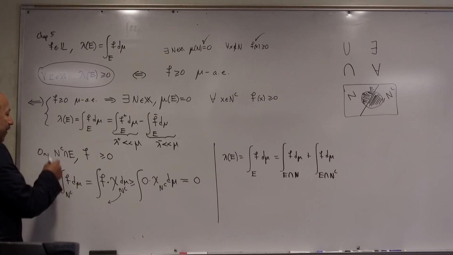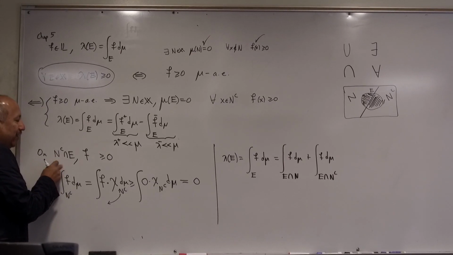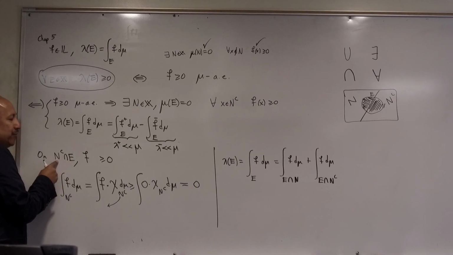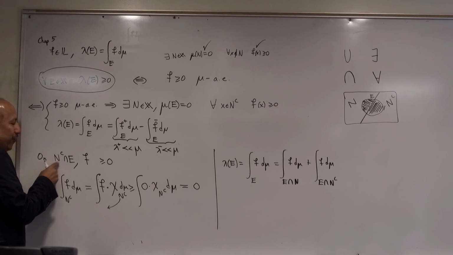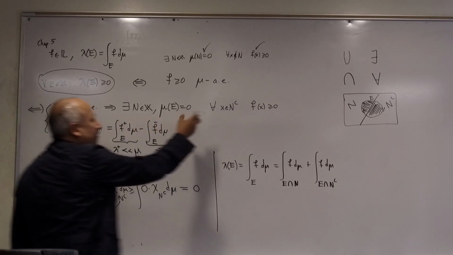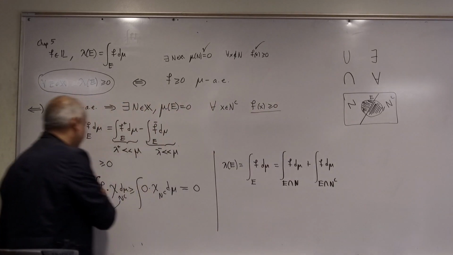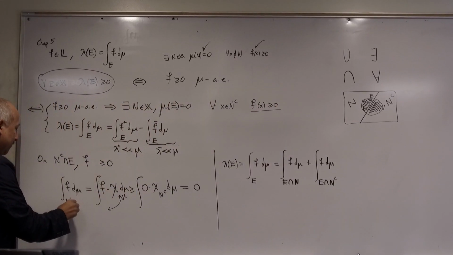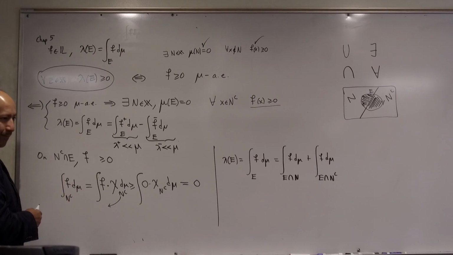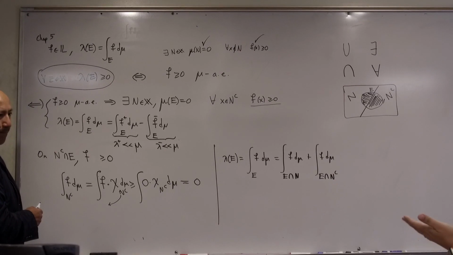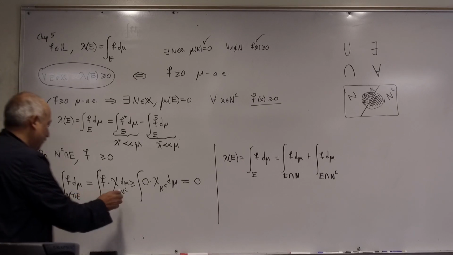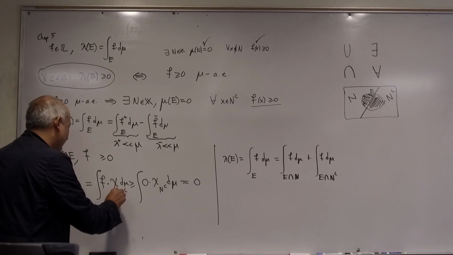Why is that? Because the points that I'm taking live in the intersection, and if they are in the intersection, they are also in N complement. Do you agree, guys? If you take a point in this intersection, it's for sure in N complement. And when it's in N complement, for sure the function is greater than or equal to 0. Dr. G, can't you just keep it that way and it's the same idea? If it's true on N complement, then it's going to be true on anything intersecting. Yes, yes, but some people say, I want to make sure that everything is right, Professor. Okay, I know.